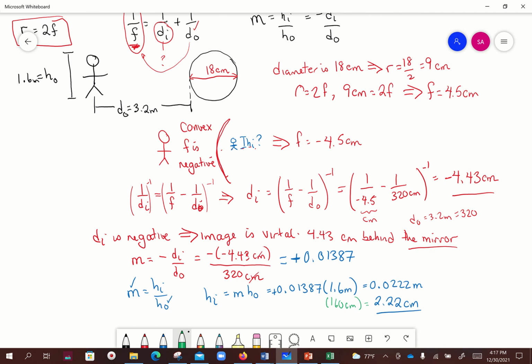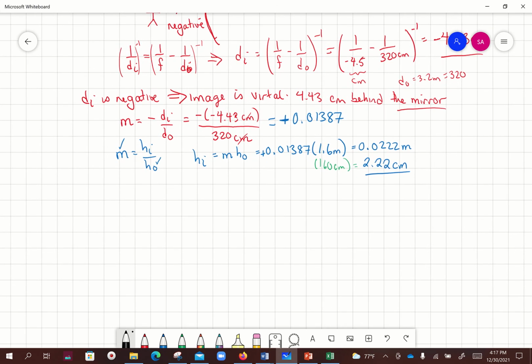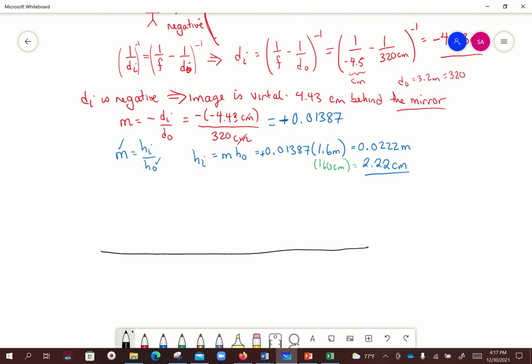All right, how do I know that the image is smaller and it's virtual, etc.? Well, I can also do my sketch using my special rays. So let me just draw a quick image. There's my mirror.